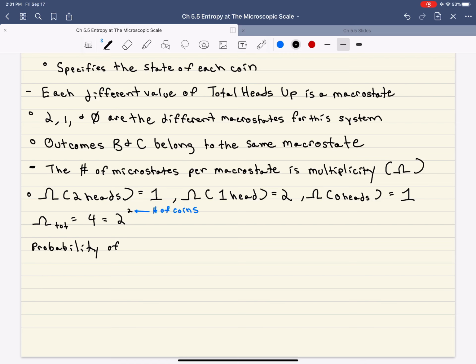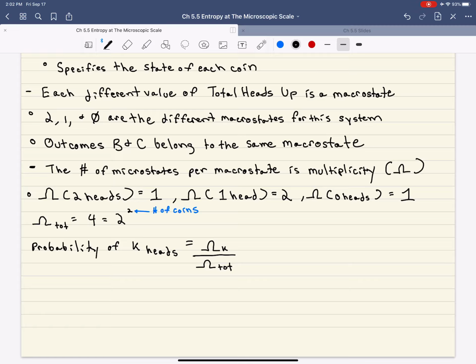Or for this system, to be more concrete, what's the probability that we would observe the instance where we have either one head face up, two heads face up, or zero heads face up, or more generally, what's the probability we have k number of heads face up? To calculate that probability, we would take the multiplicity of a macrostate that had k heads up, and divide it by this overall multiplicity.